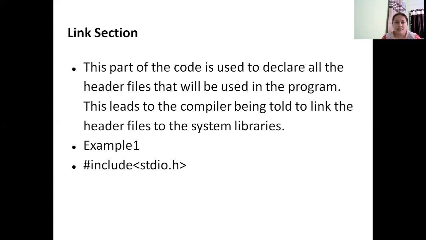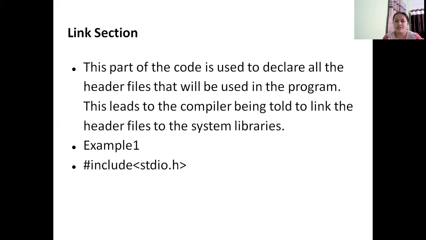Similarly, there is yet another header file called math.h, which consists of mathematical functions like square root, cube root, ceiling, floor value, and so on. These built-in functions are available in math.h. If you are using those in your program, you have to include the math.h file by saying hash include math.h.